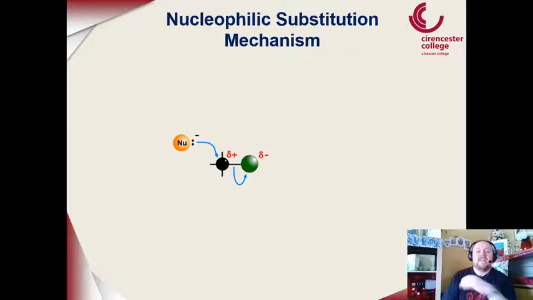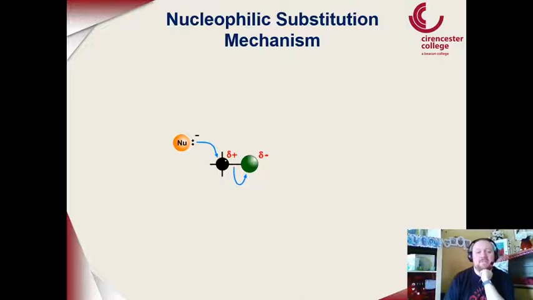So this is your general nucleophilic substitution mechanism. We can see we have the nucleophile. The nucleophile has a lone pair of electrons, and the lone pair of electrons is donated into that carbon. Carbon can only have a maximum of 4 bonds to it at any time, so in one step the halogen has to go.